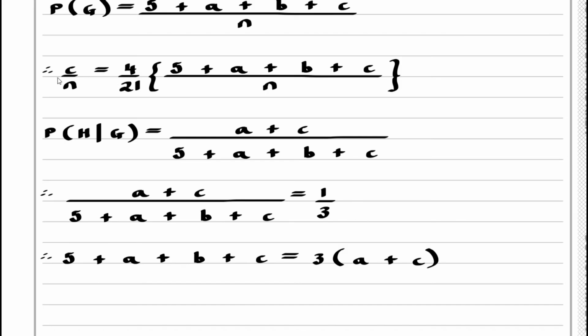So what we can now do is, from this equation, we know what 5 plus A plus B plus C is.